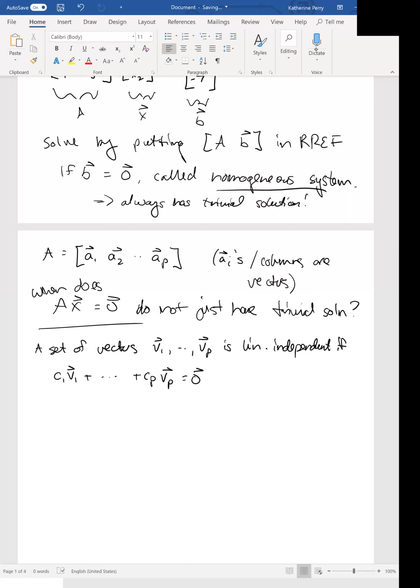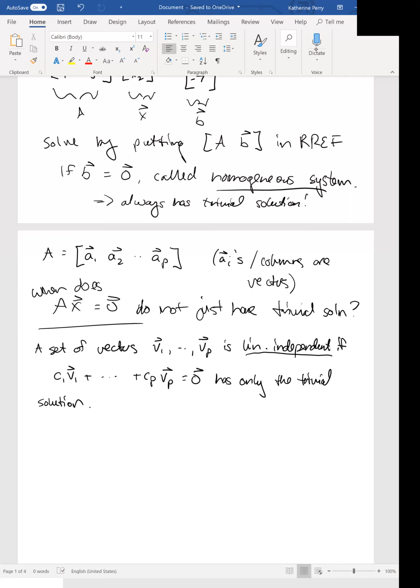So a set of vectors is linearly independent if this has only the trivial solution, meaning that the c's are 0, and that's the only solution.